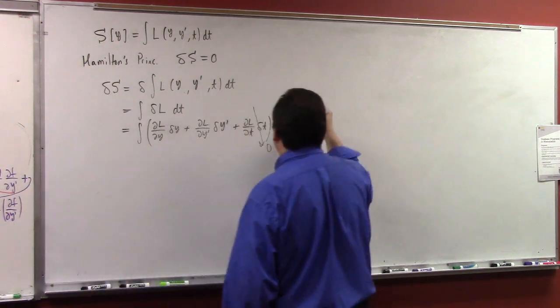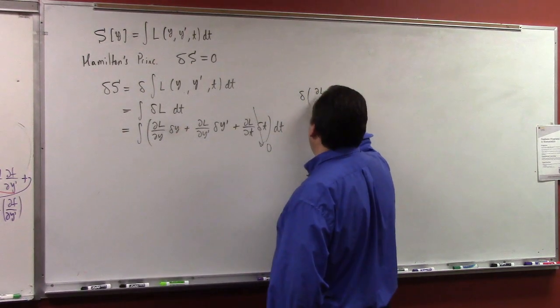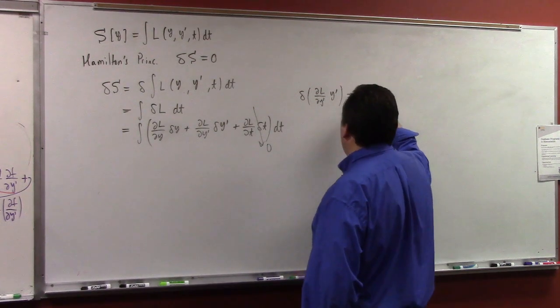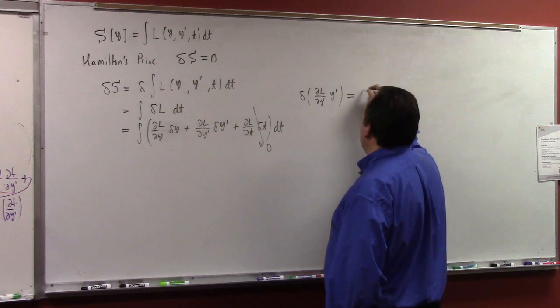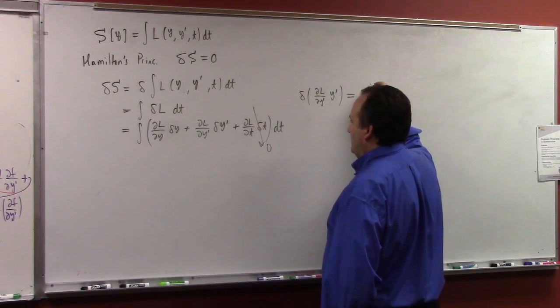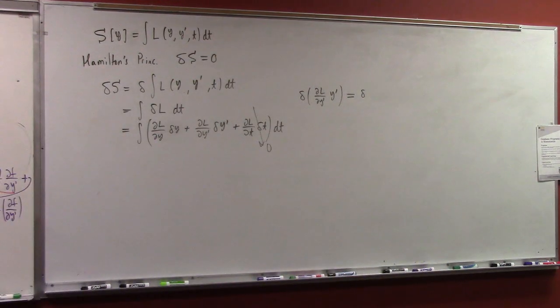They just say something like, oh, if you take the variation of y prime, right? Well, then you just get the variation of dy dx. Just a second. I've forgotten how to be confused.